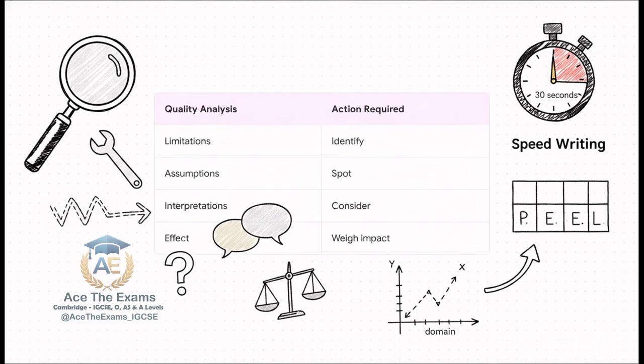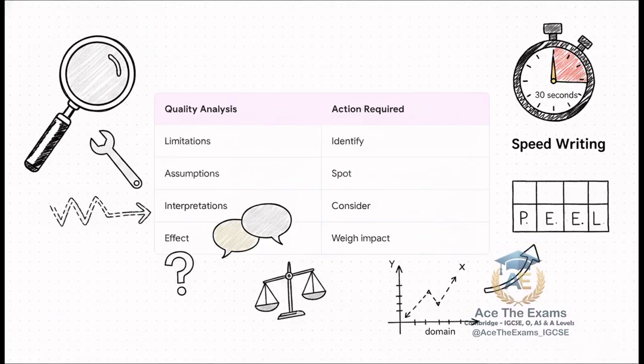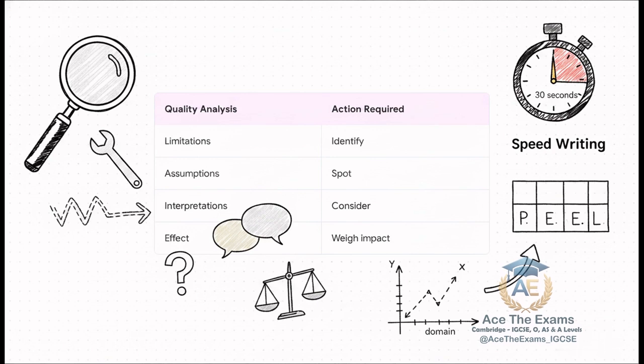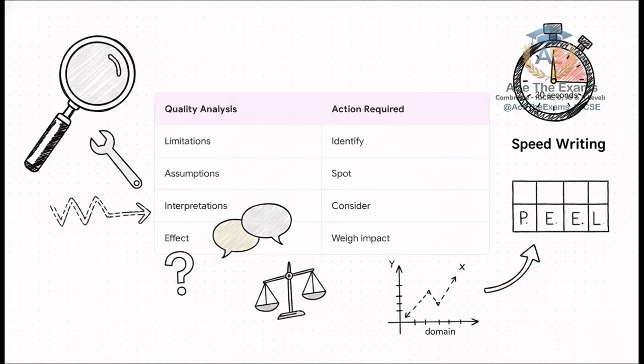To evaluate the absolute quality of your mathematical evidence, you need to identify limitations, spot the assumptions you are making, consider alternative interpretations, and weigh their effect on your final conclusion. This might sound like a science experiment, but it applies perfectly to O-level math. It's all about speed and accuracy under pressure. The biggest limitation of an inverse function is that it is strictly and entirely bound by the original domain.